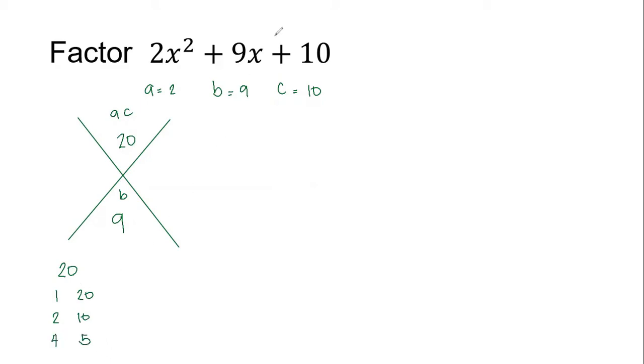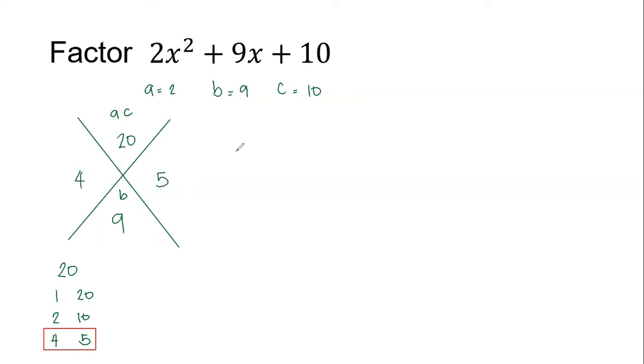From the factors that we have here, which do you think, when added together, will be equal to 9? Definitely these factors, right? When we add 4 plus 5, that would be equal to 9. So therefore, we will write 4 and 5 right here.